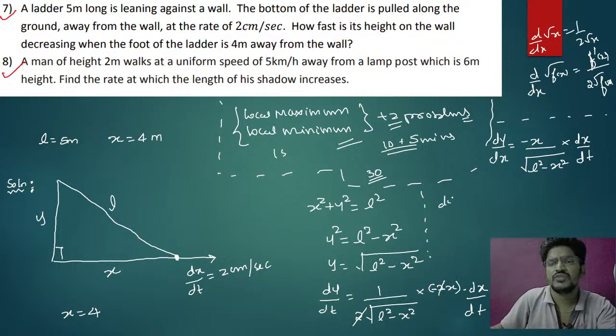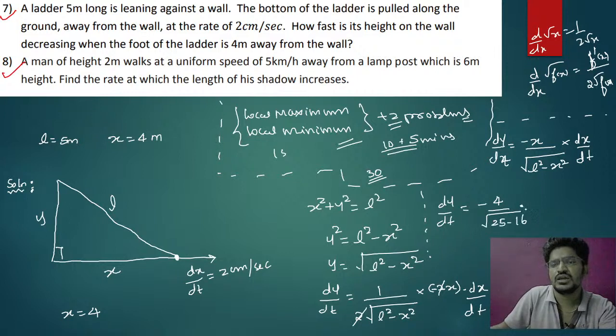Therefore dy by dt equals minus 4 divided by root of 25 minus 4 square, that is 16, into dx by dt, that is 2.